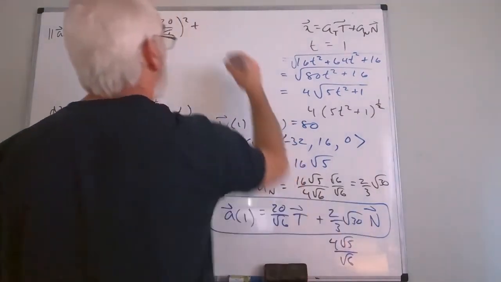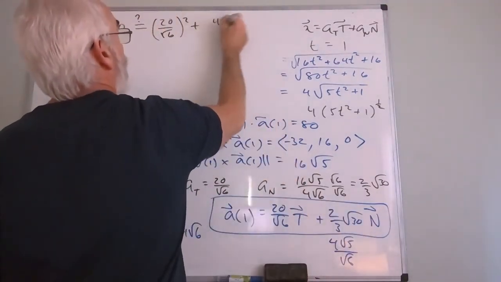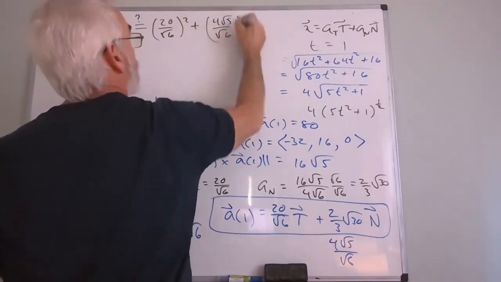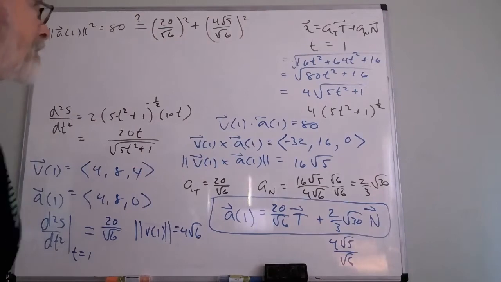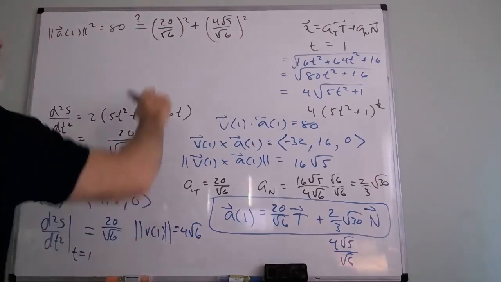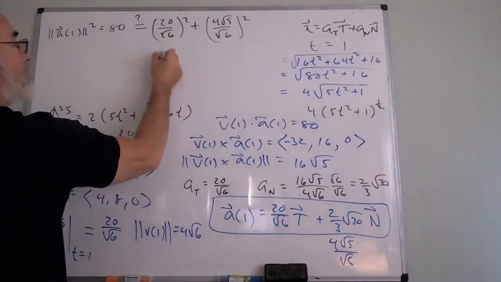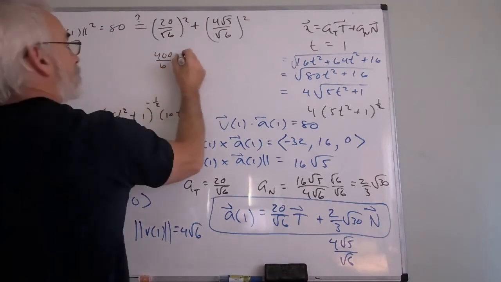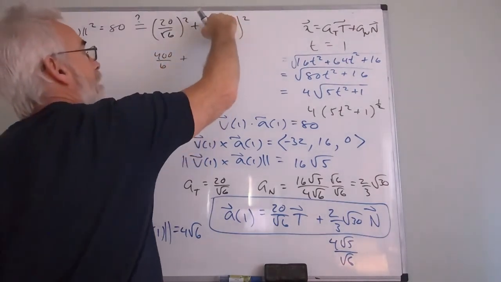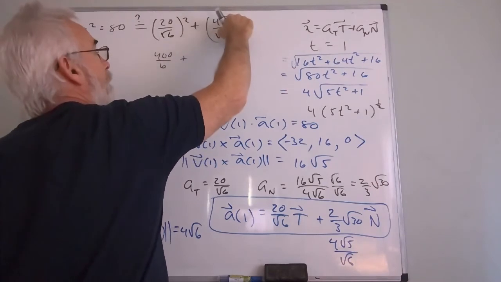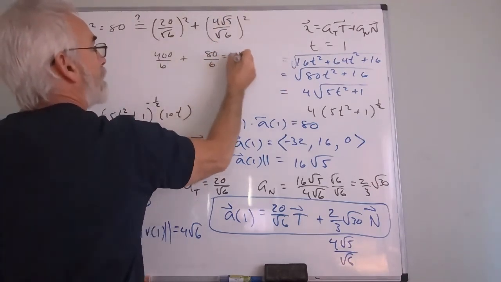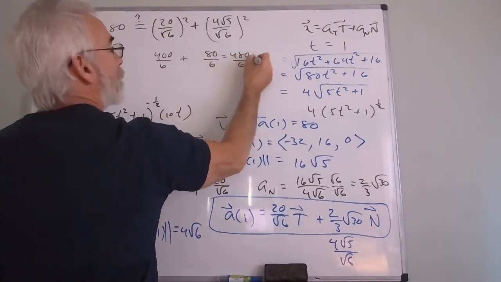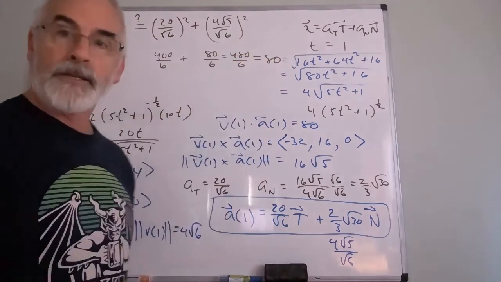That way they both have a denominator of 6, because I'm lazy. Well, let's see. That would be 400 over 6 plus 4 squared is 16, root 5 squared is 5, so that'd be 80. And I have 480 over 6, which is 80.